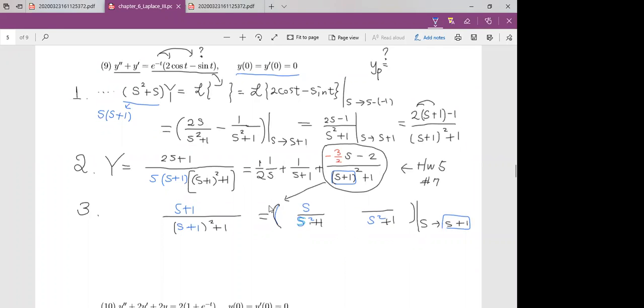Okay. However, on the other hand, we want to keep the identity. So we want to rewrite this expression in the bubble like this. So here is the rewriting. This is kind of advanced level, but it's doable. On one hand, we want a copy of s plus 1 in the numerator. On the other hand, we want to keep this blood red coefficient.